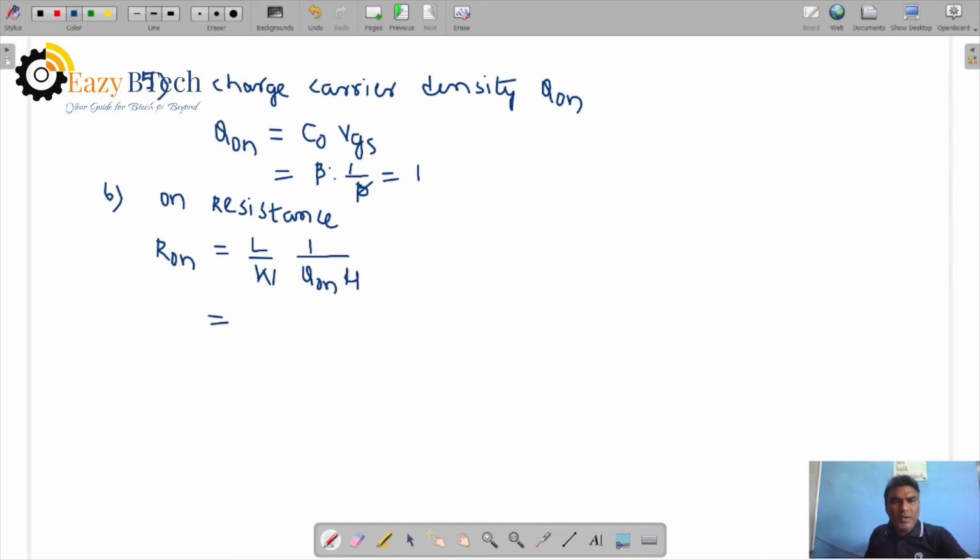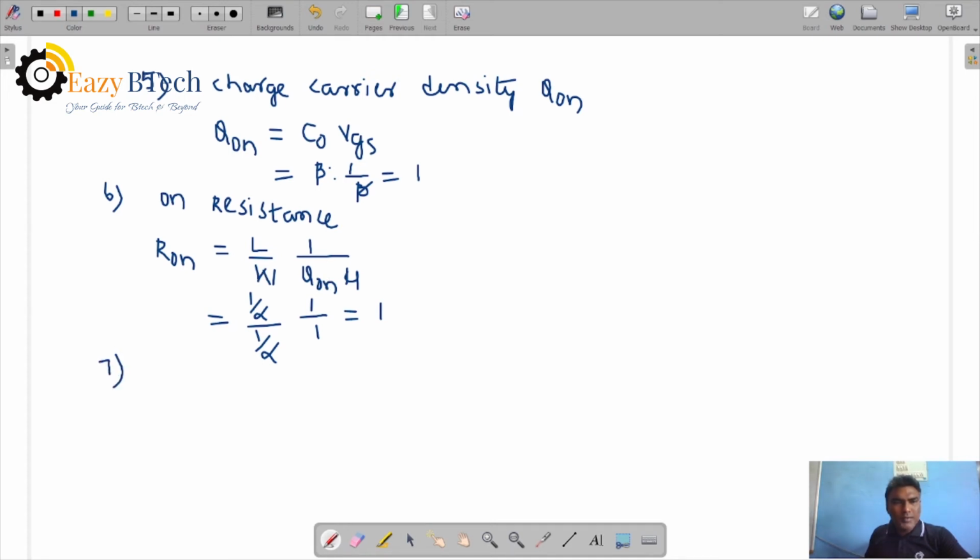L is the length of the channel, W is the width of the polysilicon. So L is scaled by 1 by alpha, W is scaled by 1 by alpha. So Q on is 1. So this will be equal to 1. So alpha will be cancelled out. Then we can scale the resistance. On resistance is 1. It is the ratio of L by W times 1 by Q on.